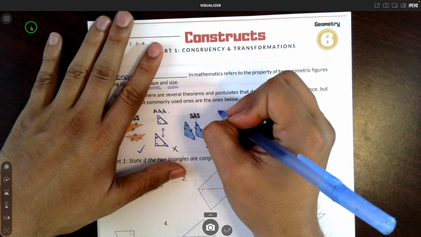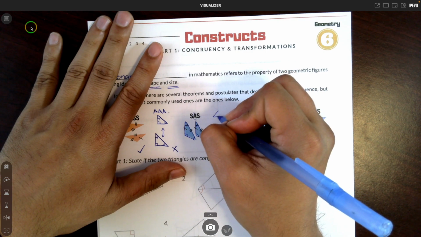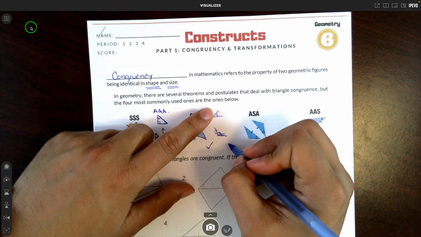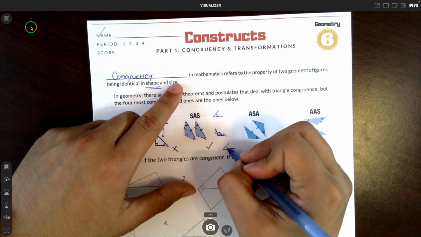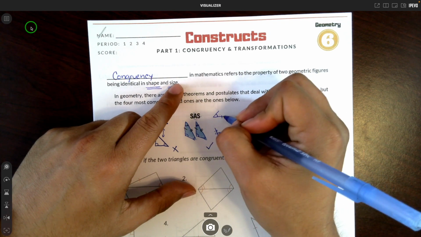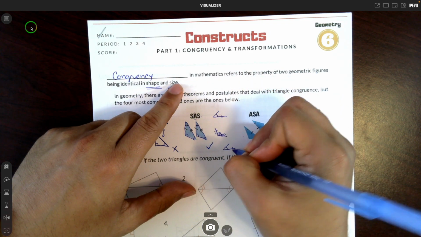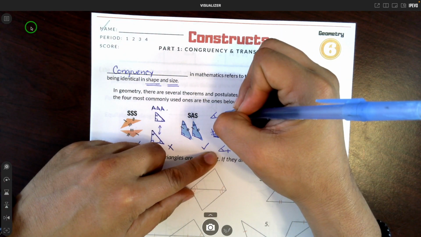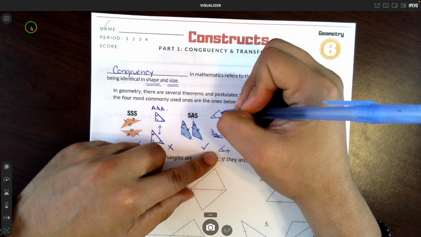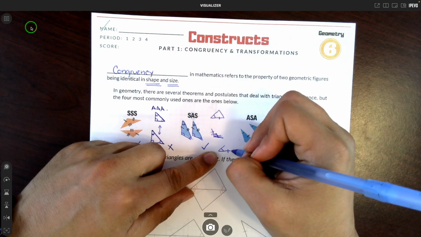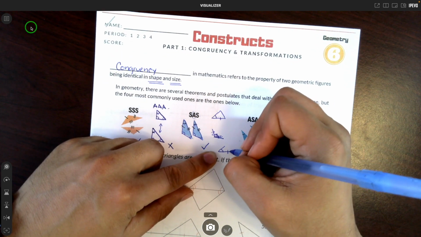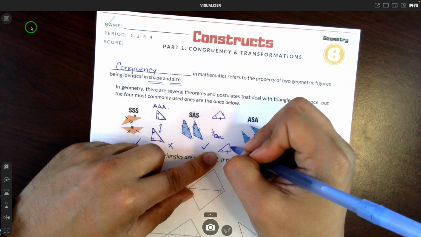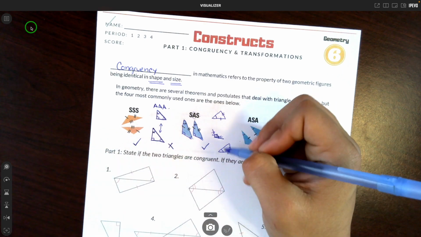If I have an angle and I say this angle is congruent to this angle over here, and then I say this side is congruent to this side, I can make this triangle go like this, and I can make another side go like that, and we can say these two sides are the same, but notice they're not the same triangle.